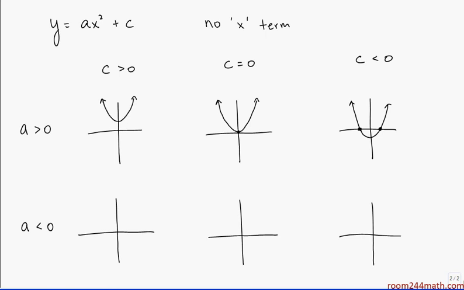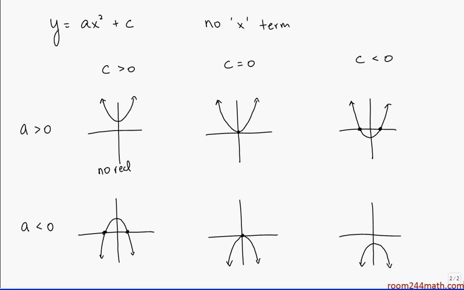The only difference now with a being negative is that the parabolas are flipped. If c is positive, that means it has to come up above the x-axis and go back down again. And so again, you're going to get 2 places where it crosses the x-axis. If c is 0, it's going to come up, touch the x-axis, and go back down again. And if c is negative, it's going to be entirely below the x-axis. So we have these 6 different situations depending on the sign of a and c.